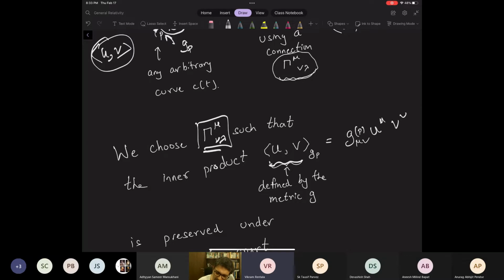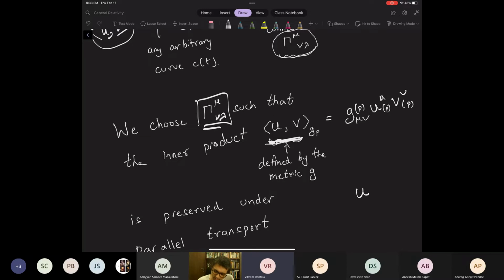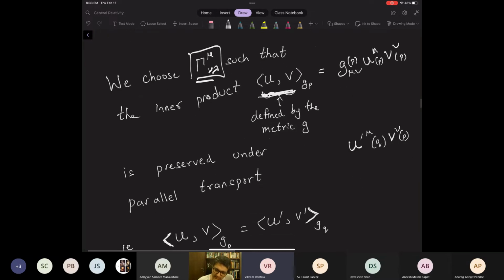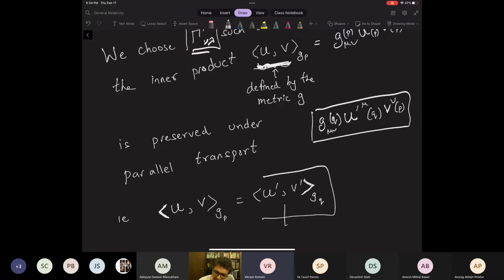This is the metric coefficient at the point P, this is the vector at the point P, and this is the vector coefficients at the point P. Now what we require is that this norm is preserved under parallel transport, which means we transport u, so this is the transported u at the point Q, this is the transported v, and this is the metric g, not transported, but just the metric g at the point Q. The claim is that this inner product should be the same when I parallelly transport to the point Q as it is when I evaluate the inner product at the point P.